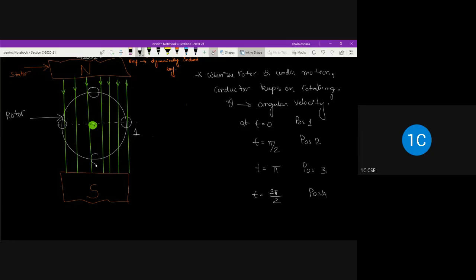So there can be multiple positions, but I am considering a few definite positions. Say this is 1, this is 2, this is 3, and this is 4.